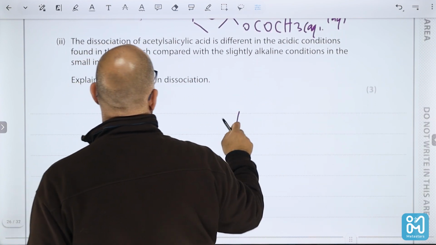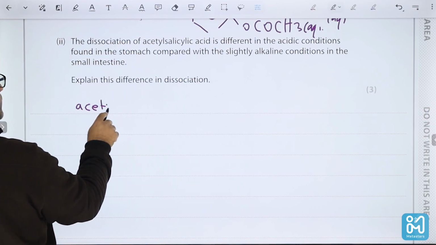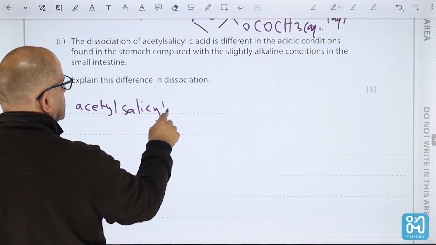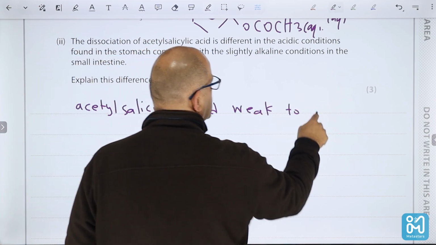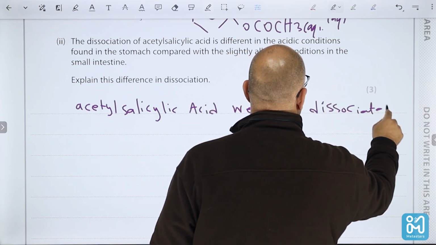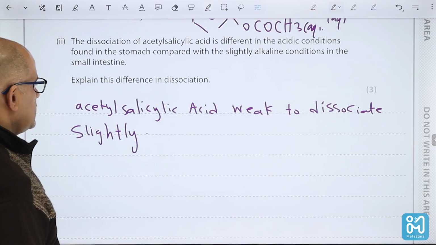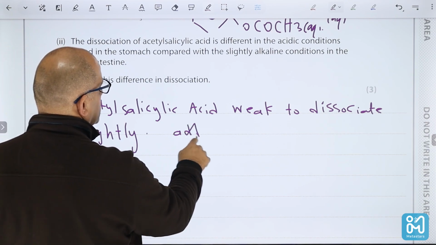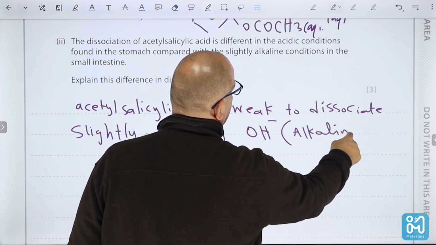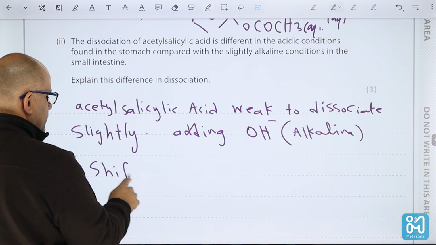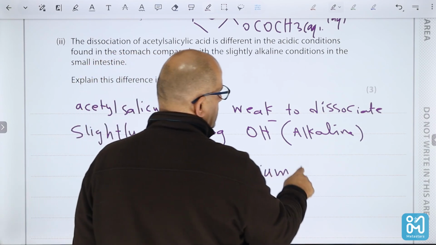The acetyl salicylic acid is weak, it dissociates only slightly compared to the other acid, and adding OH or alkaline will shift the equilibrium to the left.